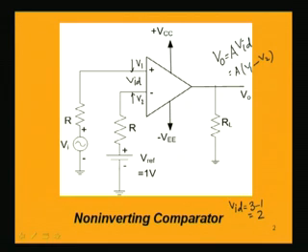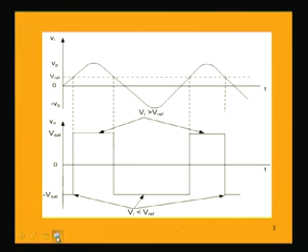So, let us consider a sinusoidal voltage like this, which is Vi, and the reference voltage is 1 volt, this dotted line is the 1 volt reference voltage. Suppose the peak voltage of the sinusoidal input Vi is greater than 1 volt, which has to be considered practically in order to get both the positive and negative saturation.